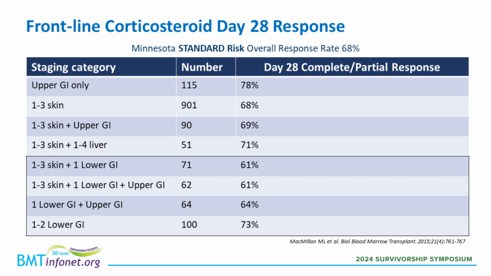When you break up the different types or categories of organ involvement that patients have, when you have GI involvement, particularly the lower GI tract, which is in the box in the bottom 4 rows, there is a decrease in the response rate 4 weeks later. So 4 weeks later is just an arbitrary marker at this point, but we know that patients will not respond as well if there is lower GI involvement.